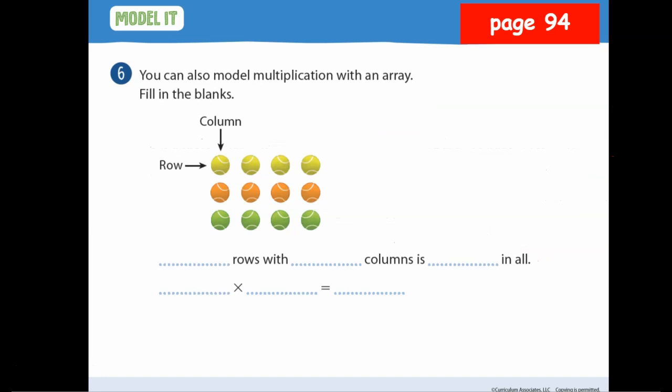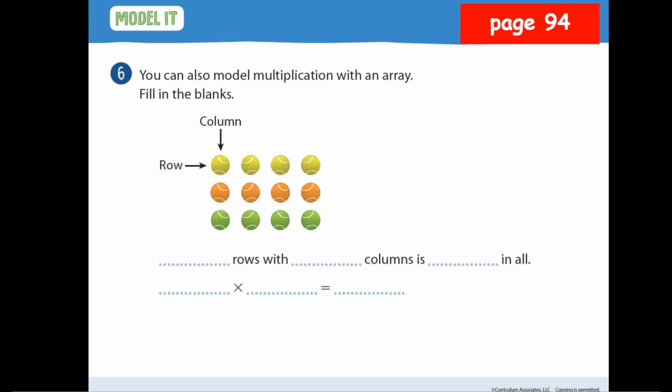It says you can also model multiplication with an array. Anybody know where you've seen this before? It's like a display. Yeah. When you log into your computer and you go to Google Drive, there's an array where you click and then you have to click Google Classroom.